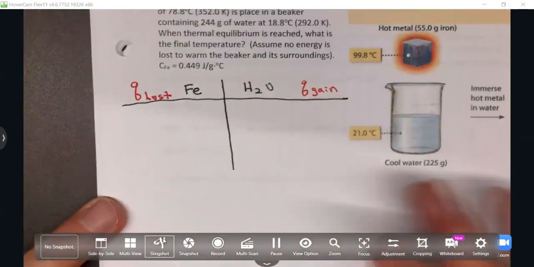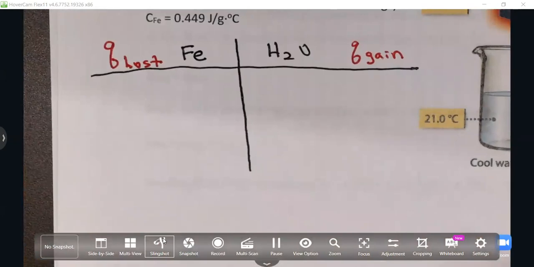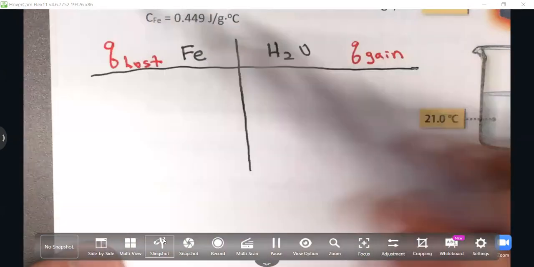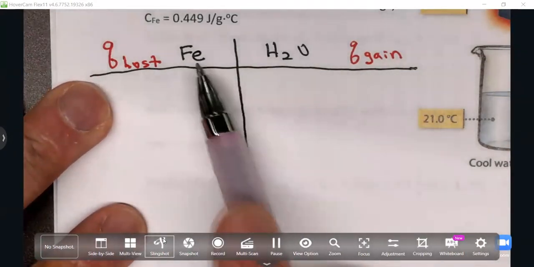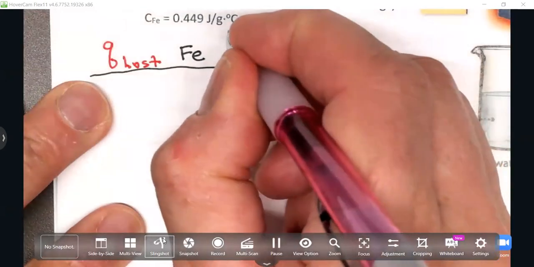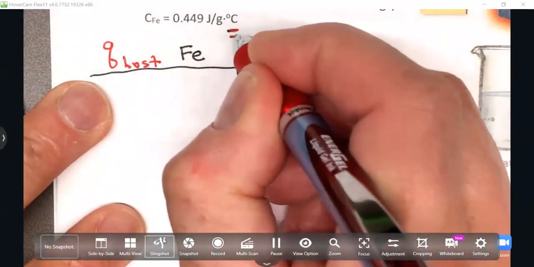So Q lost, Q gain, they have to be equal. So let's concentrate on the iron over here, and I'll put an equal sign right up here. Yes, these got to be equal.